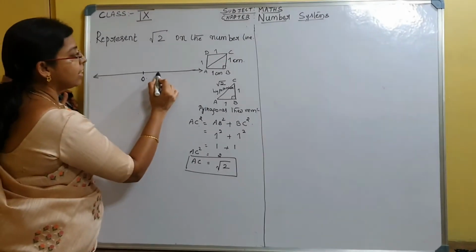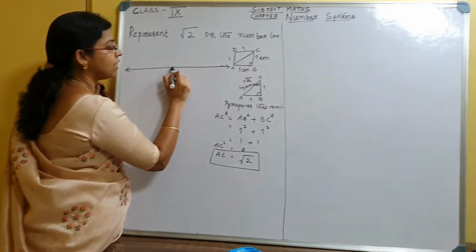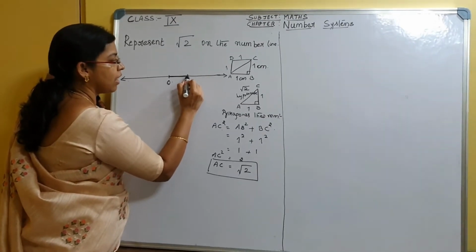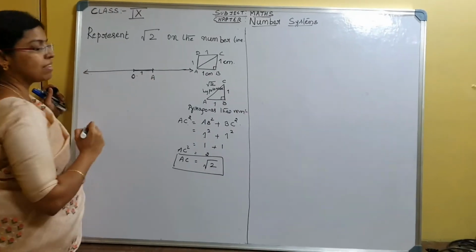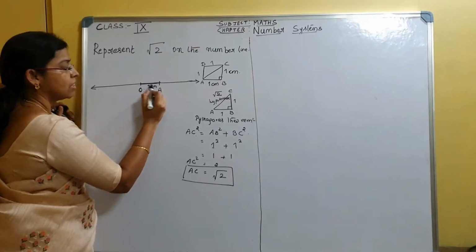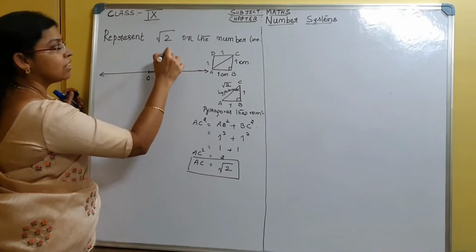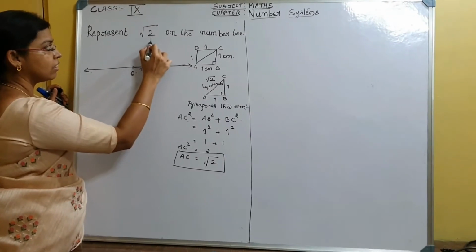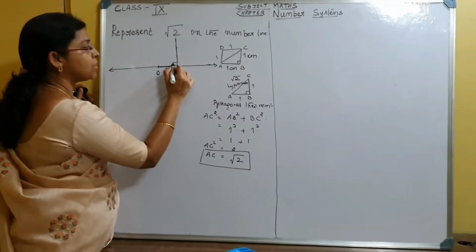Then take a length of 1 centimeter on your ruler, and mark it as A, and this is 1. Mark it as 1 centimeter. And from this point, with your protractor, draw a 90-degree line, and it should measure 90 degrees.